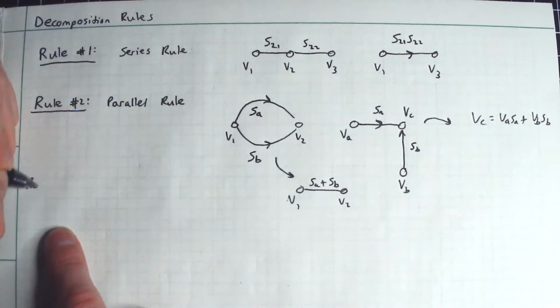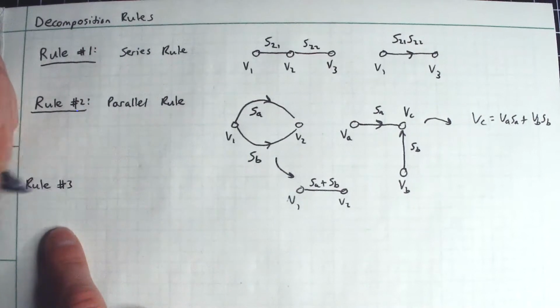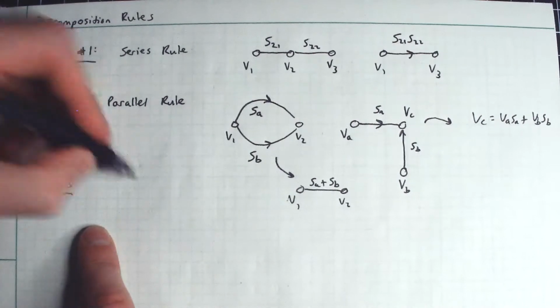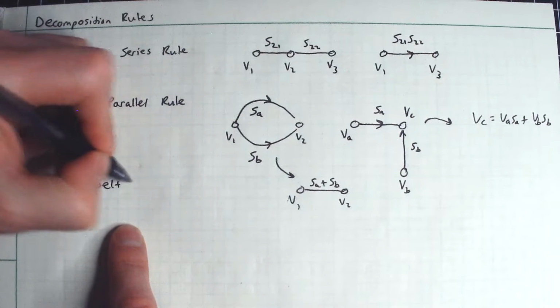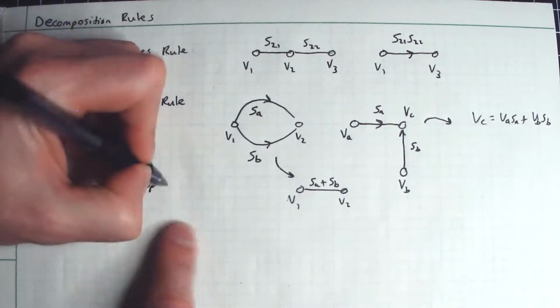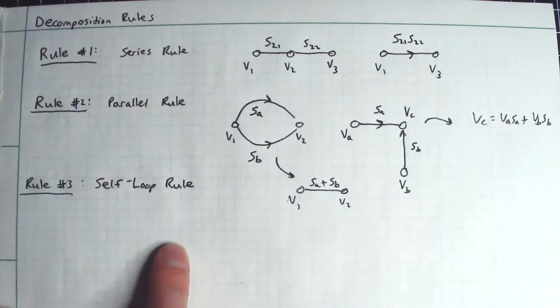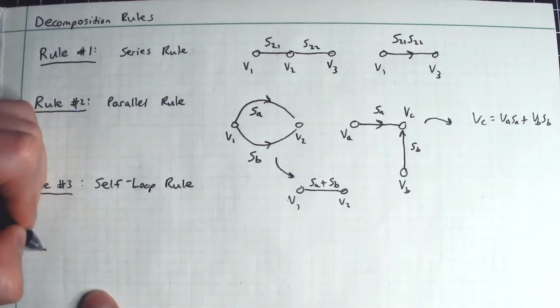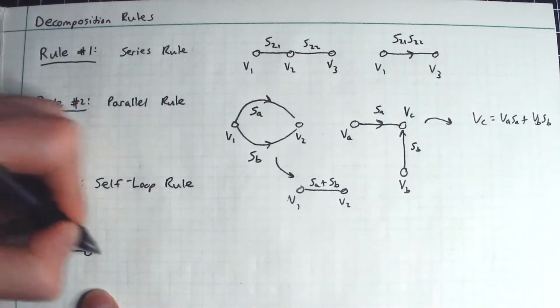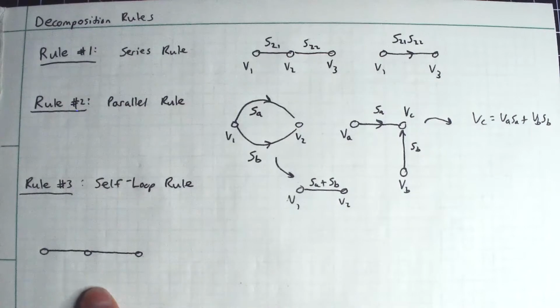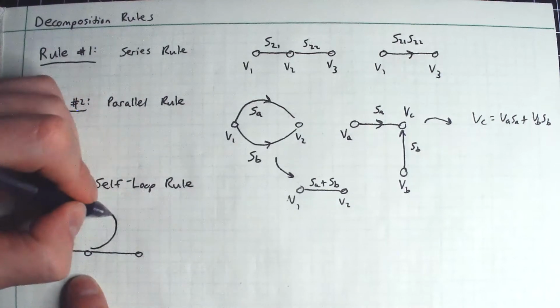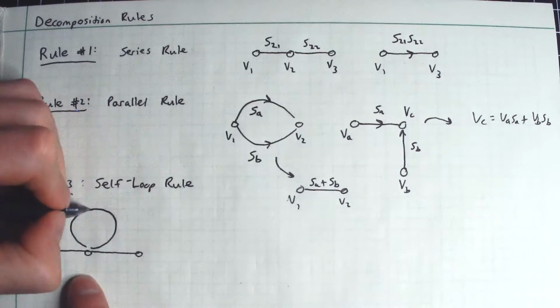So let's go to rule number 3. This is now the self-loop rule. Hypothetically, you could have a situation like this. Here are 2 nodes. One feeds into the other, and this one creates a little feedback onto itself.